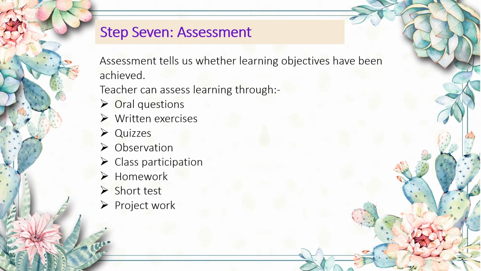Teachers can assess or evaluate the students through oral questions, written exercises, quizzes, observation, class participation, homework, short tests, project work, etc. These evaluating techniques can be used after finishing our teaching learning activities to evaluate the students.